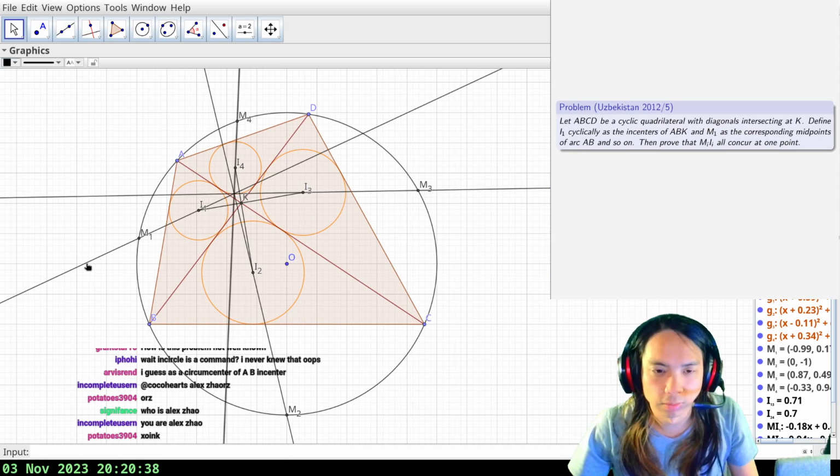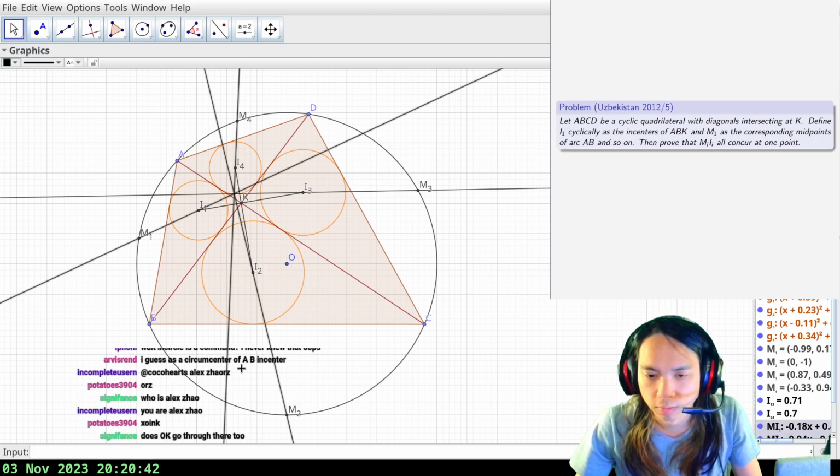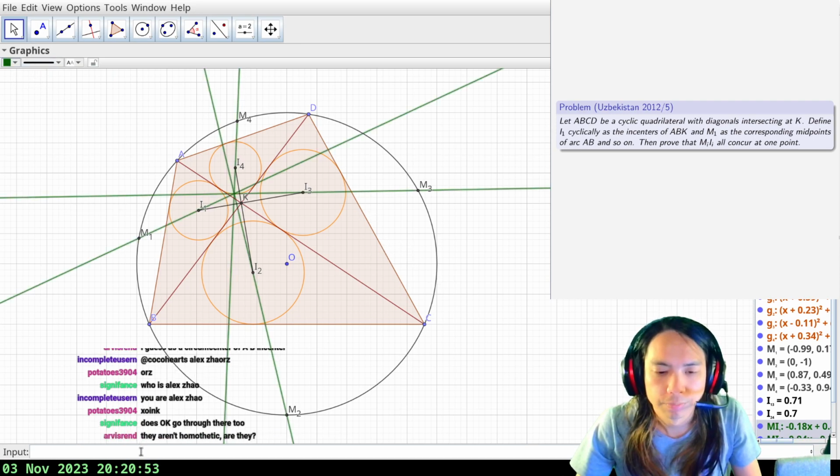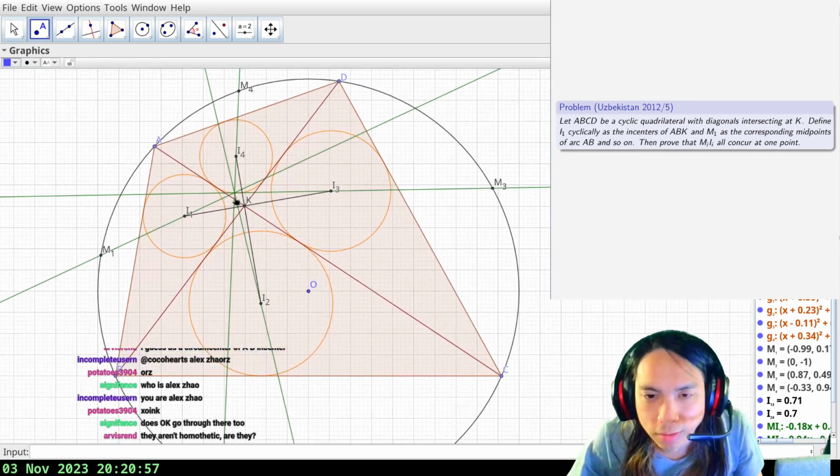Okay, so those are all the lines, and I guess we should intersect them. See, the problem is there.